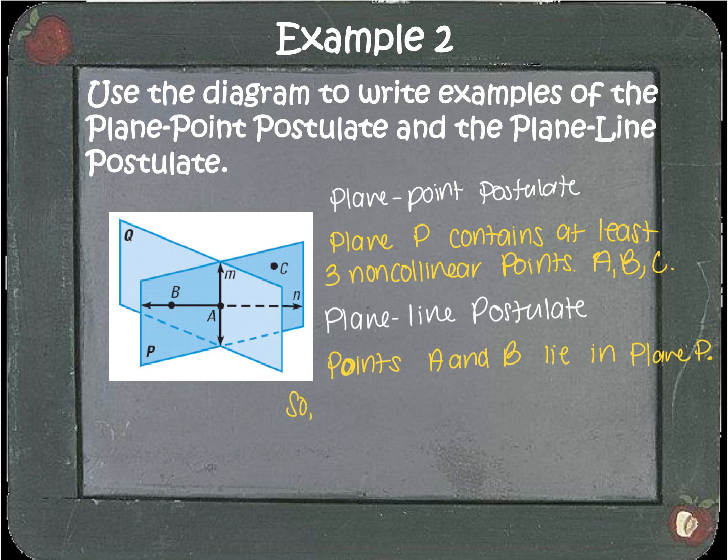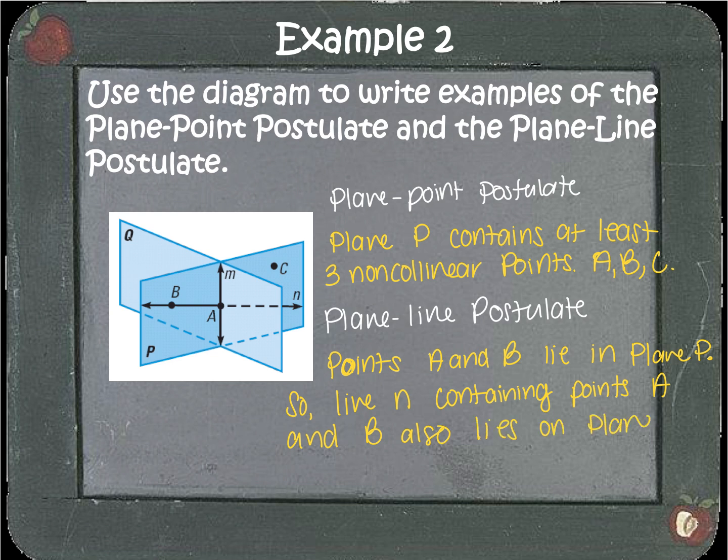So line N containing both points A and B also lies on plane P. Okay, so understand what it's saying.